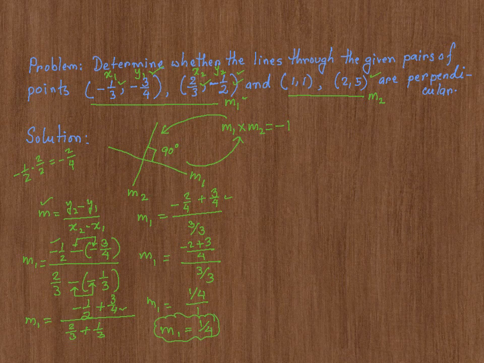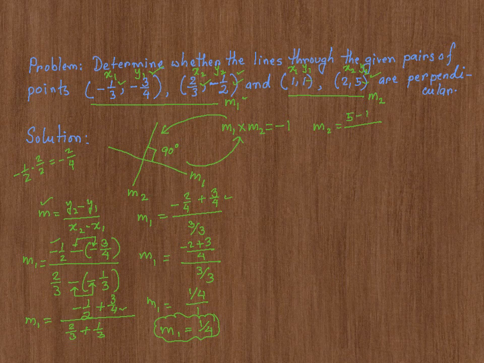Now similarly, I'm going to find M2, the slope of the second line. Let's call this one x1, y1, x2, y2. So my M2 is going to be equal to y2 minus y1. y2 is 5, y1 is 1.